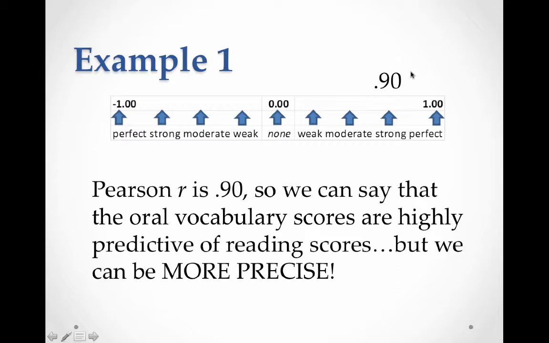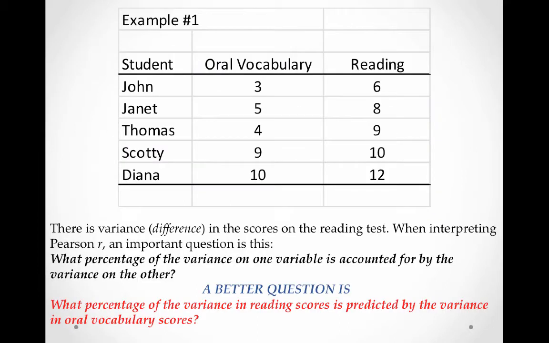If you remember, this is what we've talked about before. This right here is nothing new. Remember, 1 is perfect, so 0.9 is strong. There's a variance, which, remember, is a difference in the scores on the reading test. When interpreting Pearson's R, an important question is this: what percentage of variance on one variable is accounted for by the variance on the other?